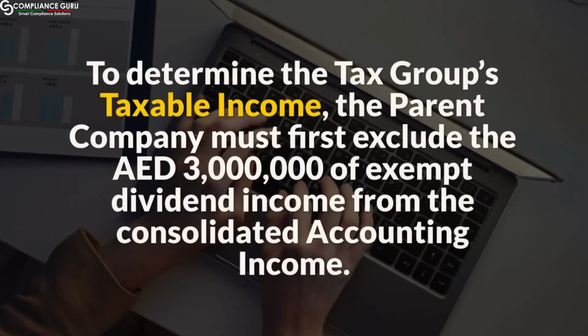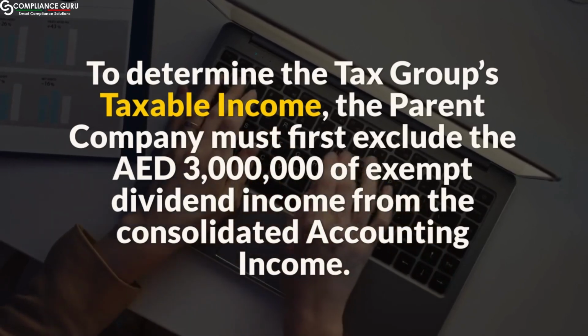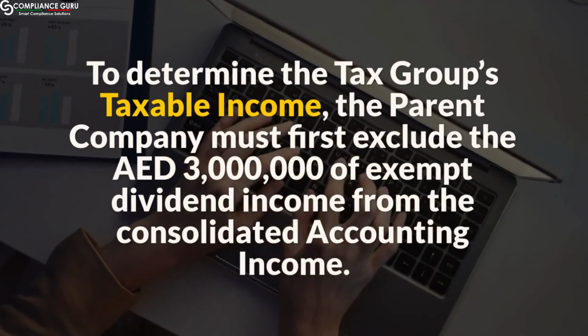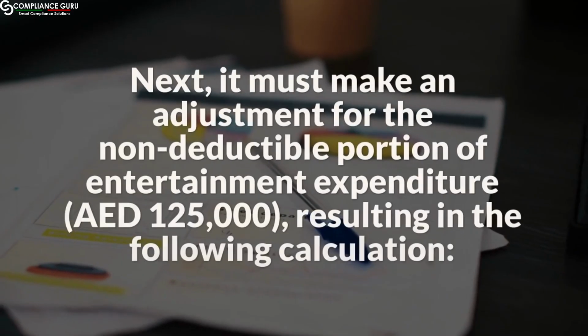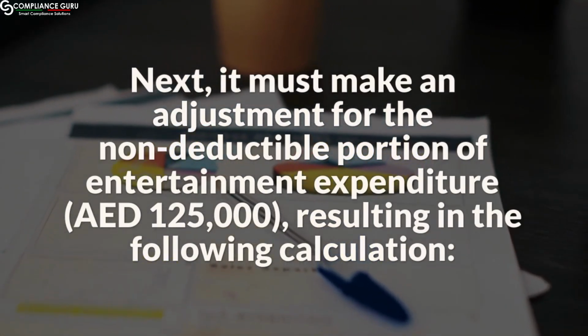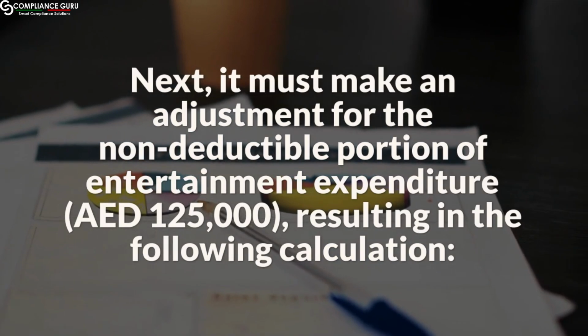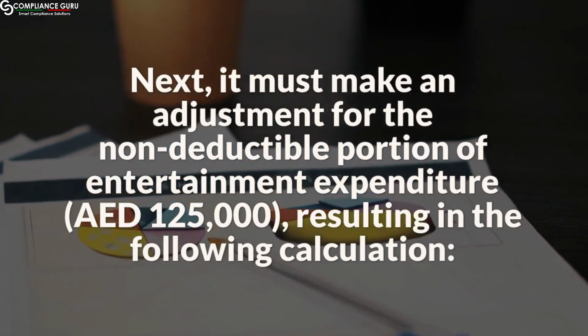To determine the tax group's taxable income, the parent company must first exclude the AED 3 million of exempt dividend income from the consolidated accounting income. Next, it must make an adjustment for the non-deductible portion of entertainment expenditure, AED 125,000, resulting in the following calculation.